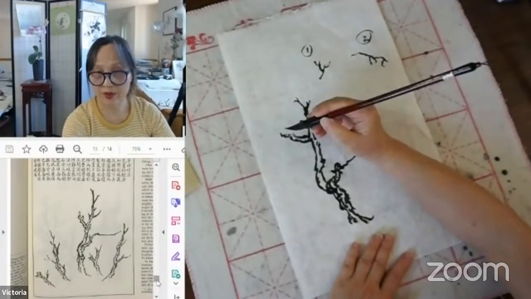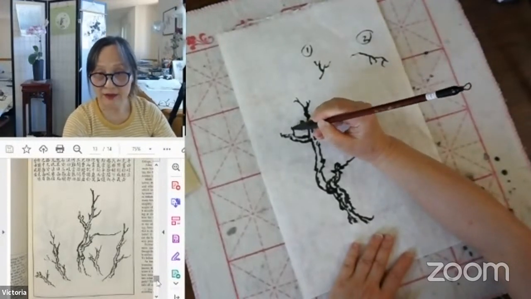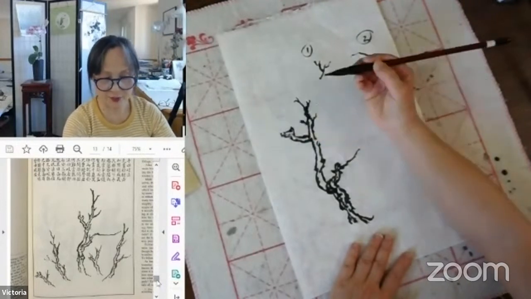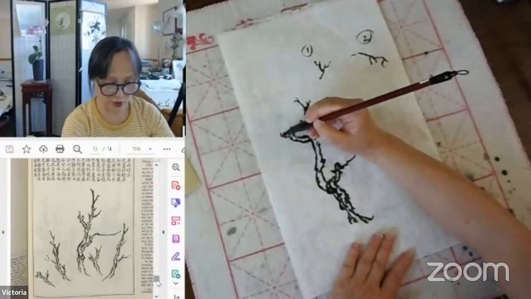See, my brush is really dry, and that's perfect for some flying white, perfect for the older tree.